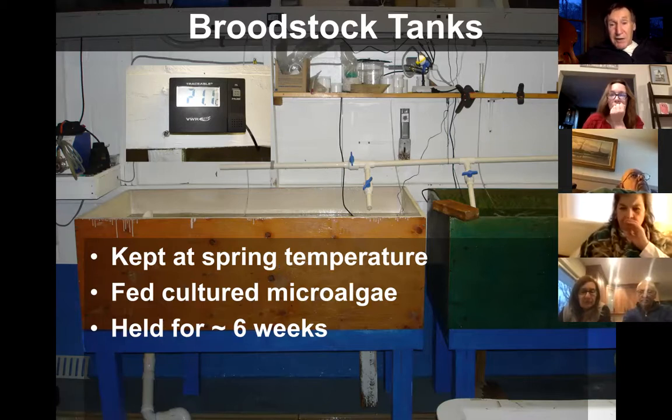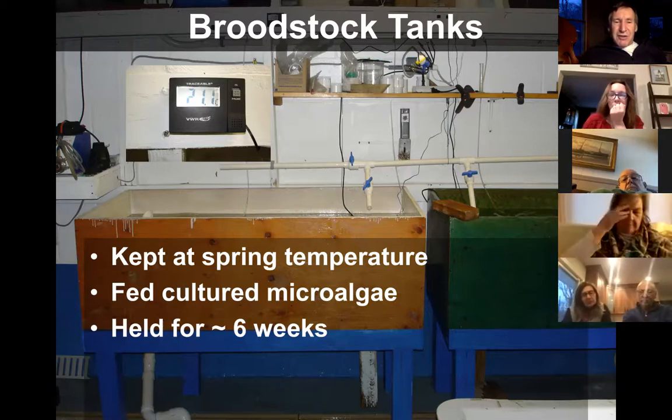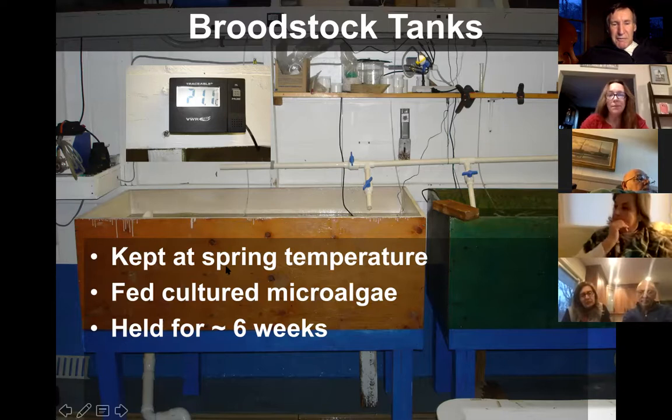They're ripening for spawning. And what's interesting about that is you can trick them into that year round. So we can trick them into spring in January, and we can trick them into spring in August. You just keep them at that temperature and feed them, and they think that it's spring, and they put on gonadal growth.